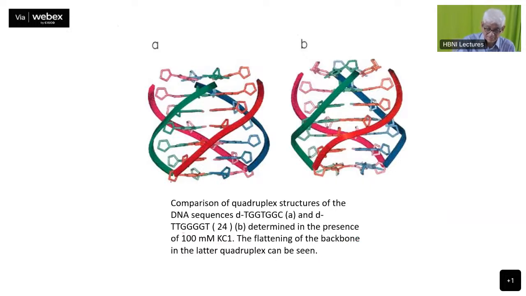See, in this quadruplex the backbone is going like this. In this situation, the backbone is flattened like that, which you can clearly see. So this becomes a fatter quadruplex, in this case TTG4T. The structure is much fatter compared to this one. So this is a comparison of the G quadruplex structures only.